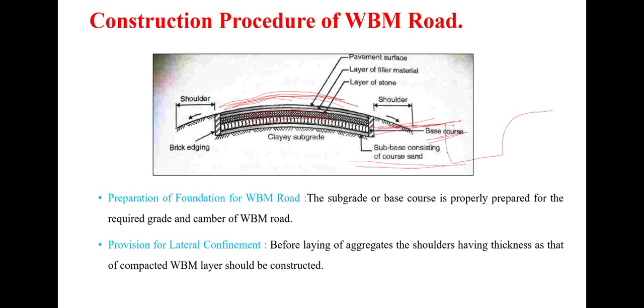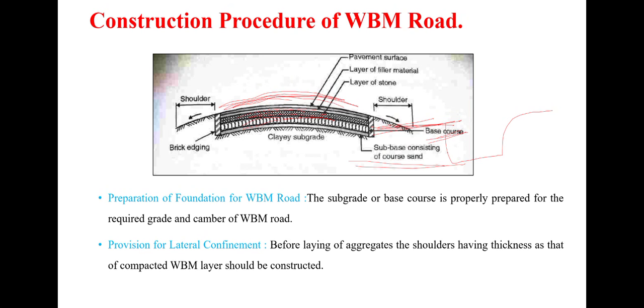As we know, the first step is preparation of foundation for receiving the WBM course. Means the subgrade or base course is prepared to the required grade and camber. The depressions and potholes on the existing road surface are filled up.